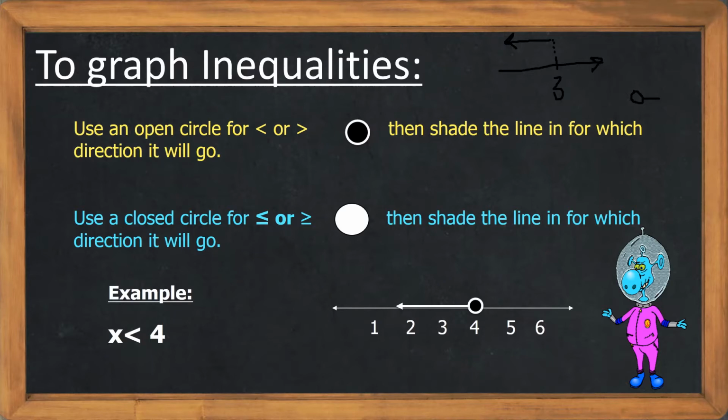It means strictly less than or strictly greater than. But if you have or equal, then you have to color the circle, or use a straight line like this. That means or equal. So strictly, you use a dotted line, but or equal, you have to use a straight line. We are going to do a lot of examples, but for now I'm just going to explain the steps.